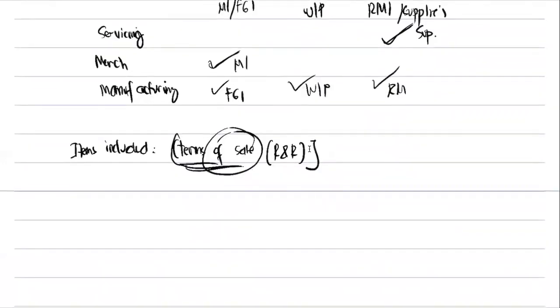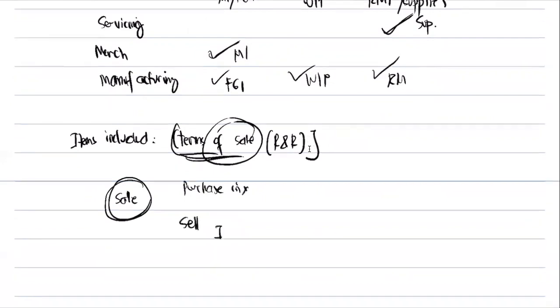Why do we need to know the terms of sale? Because normally, guys, in inventory, we look at your sale, and it is in the ordinary course of your business. Why? Because you purchase inventory and you sell inventory. So what we look at here is, when do we say that the purchased inventory is part of inventory?